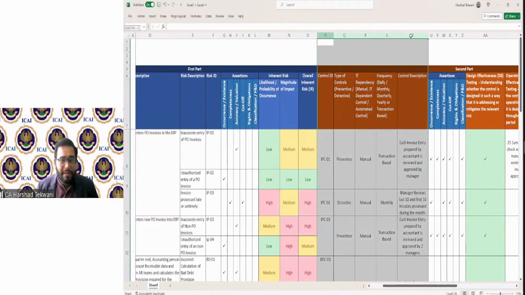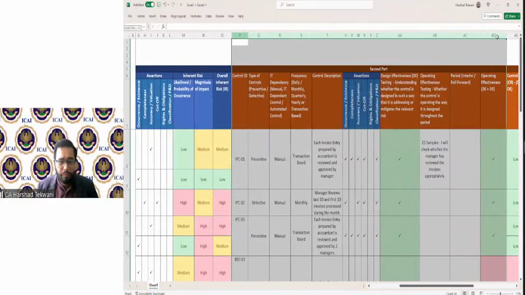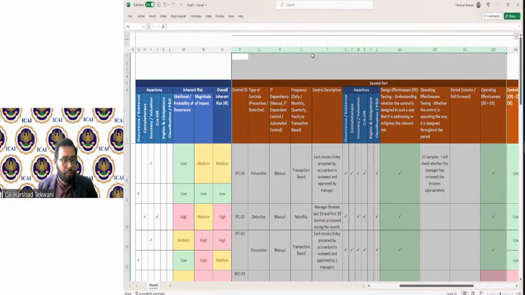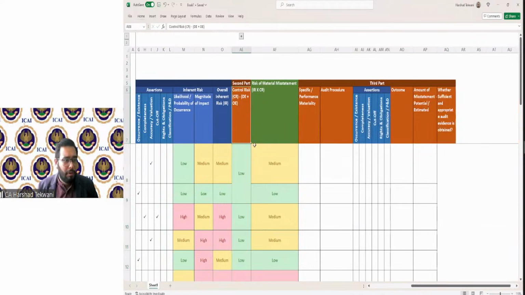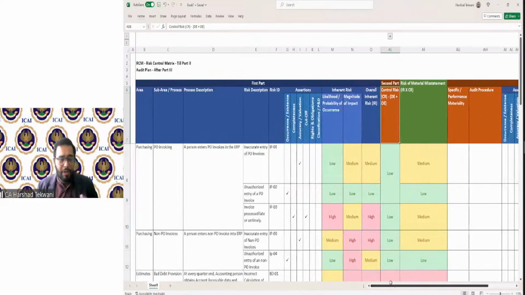I'll hide this as of now, the control part. I do not need the overall things, but I need only the control one.